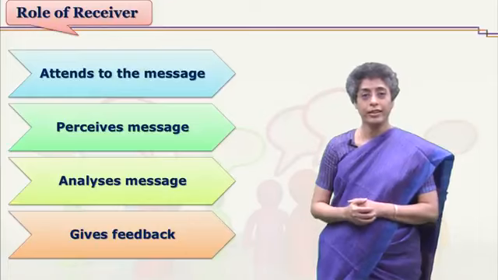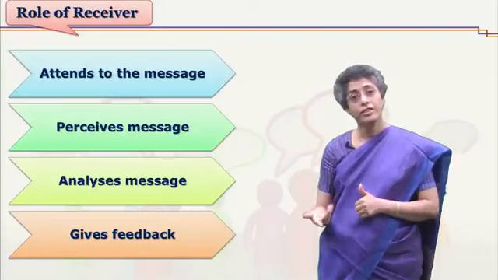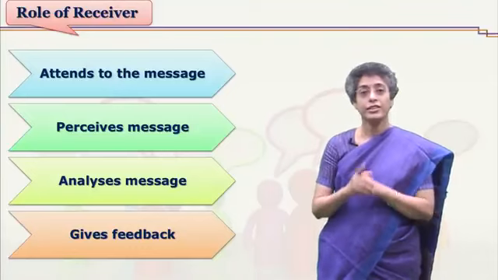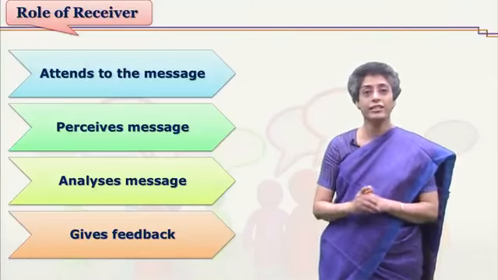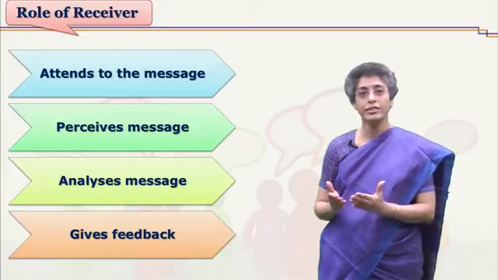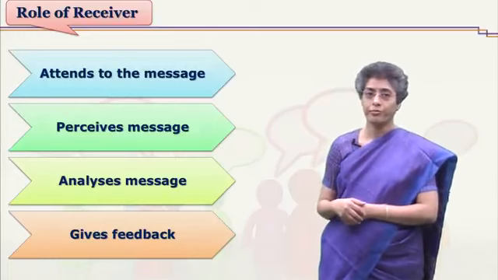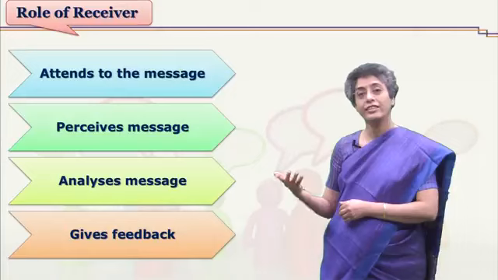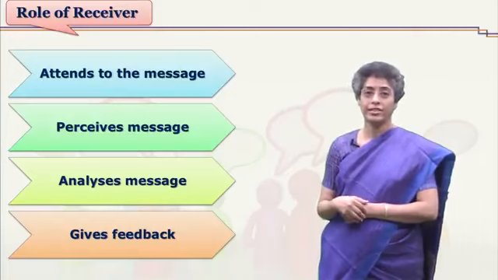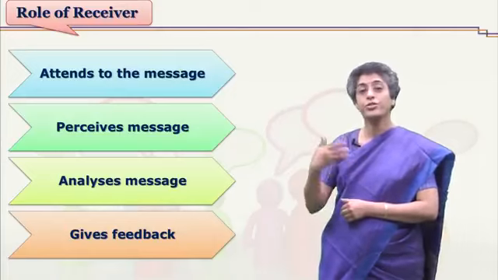Giving this feedback is a responsibility of the receiver, and for giving this feedback, receiver again needs to select some message, some medium and some form. Exactly the way sender has sent the message, receiver also needs to send the feedback.